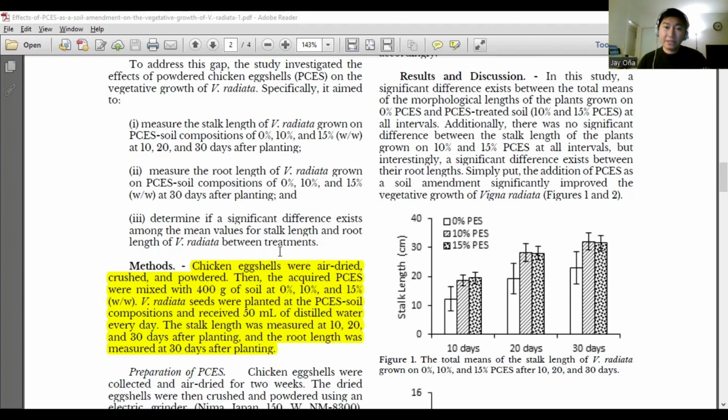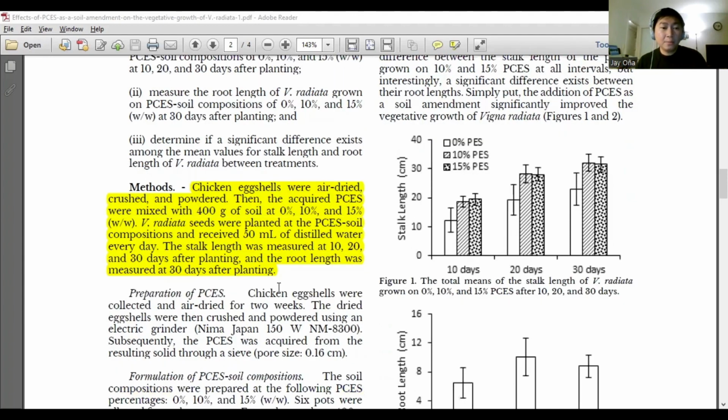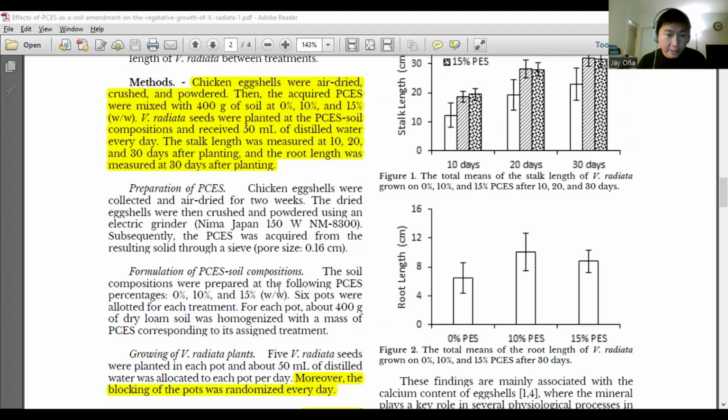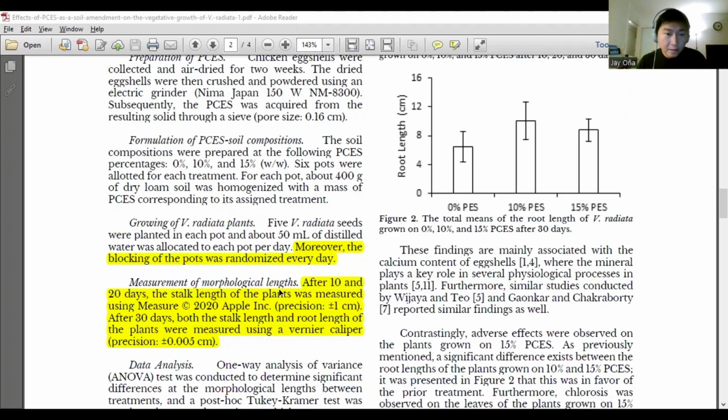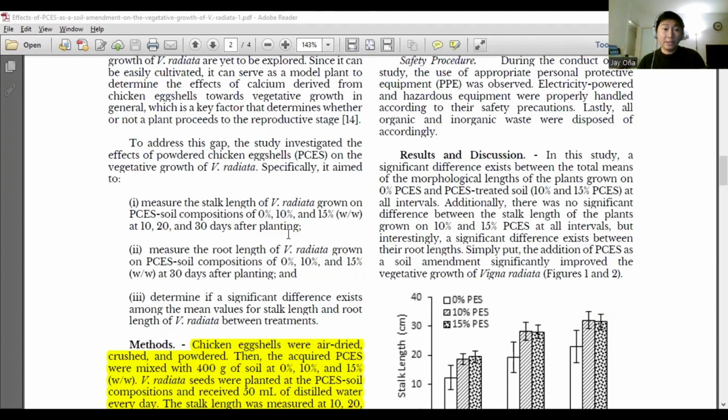So in this case, very simple lang po siya. So they're just measuring the stalk and root lengths using, I think, a certain app and the vernier caliper to measure the root and the stalk length.